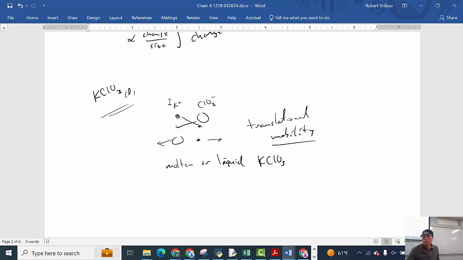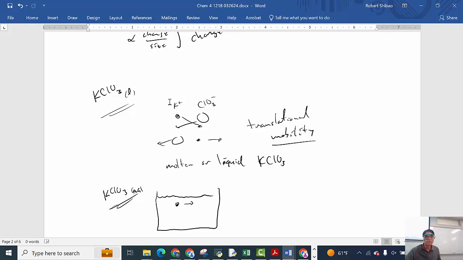Yeah. And so soluble salts like potassium chlorate are strong electrolytes. Strong electrolytes will break up 100% into the ions. And so rather than having a liquid or molten, now we can be at room temperature, and this will be aqueous.